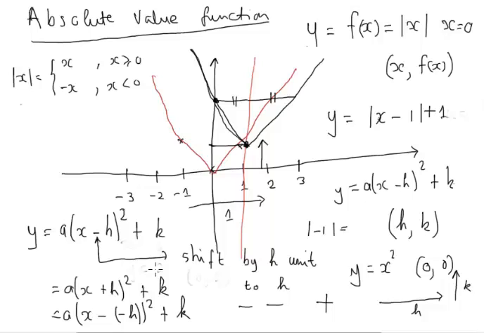It doesn't matter whether you are dealing with an exponential function, as long as you put minus on the argument there, the graph will shift horizontally. Am I making sense? My sister, are you there? Okay, good. Another question?